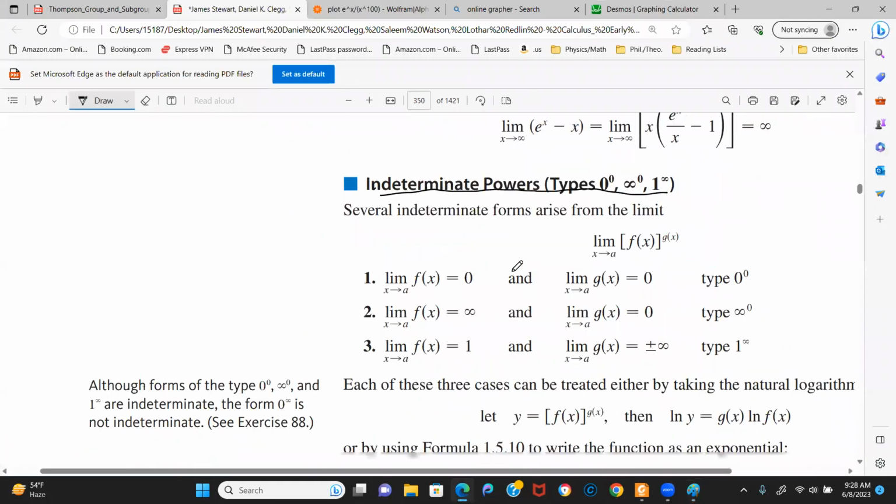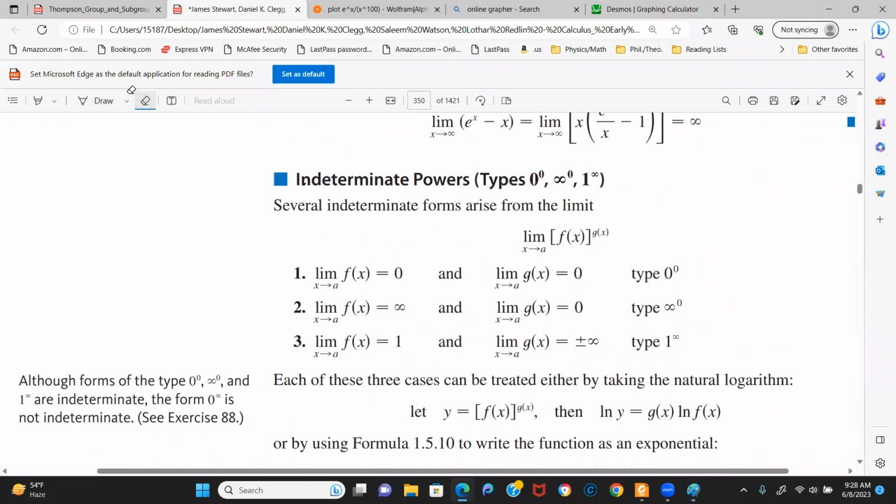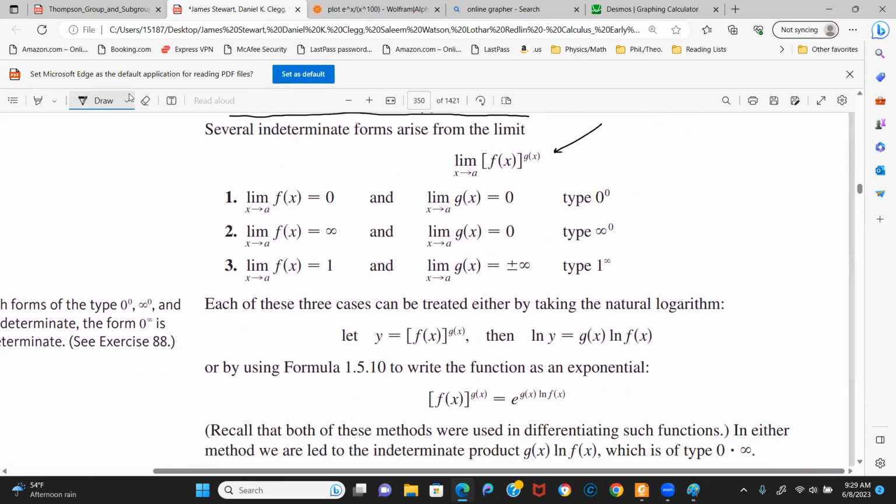So we have indeterminate powers. Indeterminate powers would be something of the form 0 to the 0, infinity to the 0, or 1 to the infinity. And they arise when you take limits like this. So the trick is to take a natural log, so you get rid of this g to the x, it becomes a coefficient.